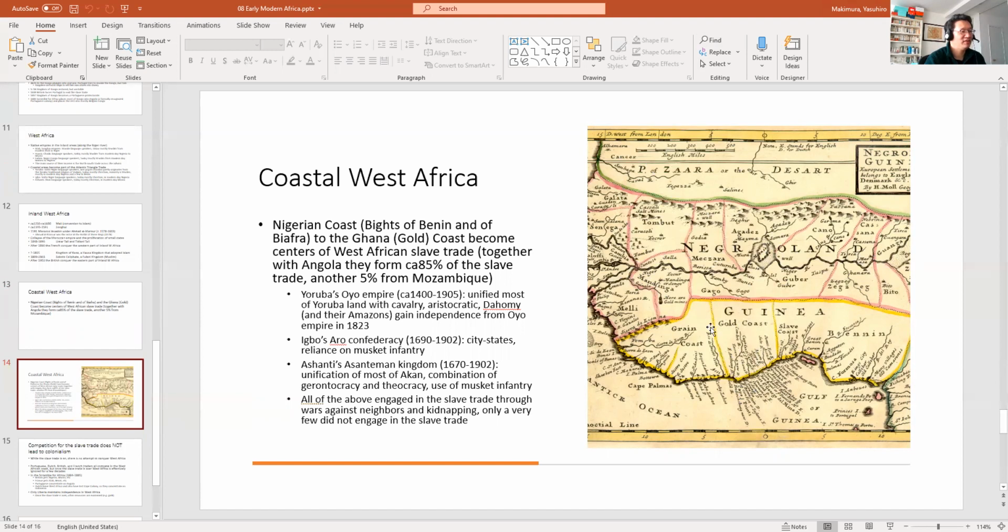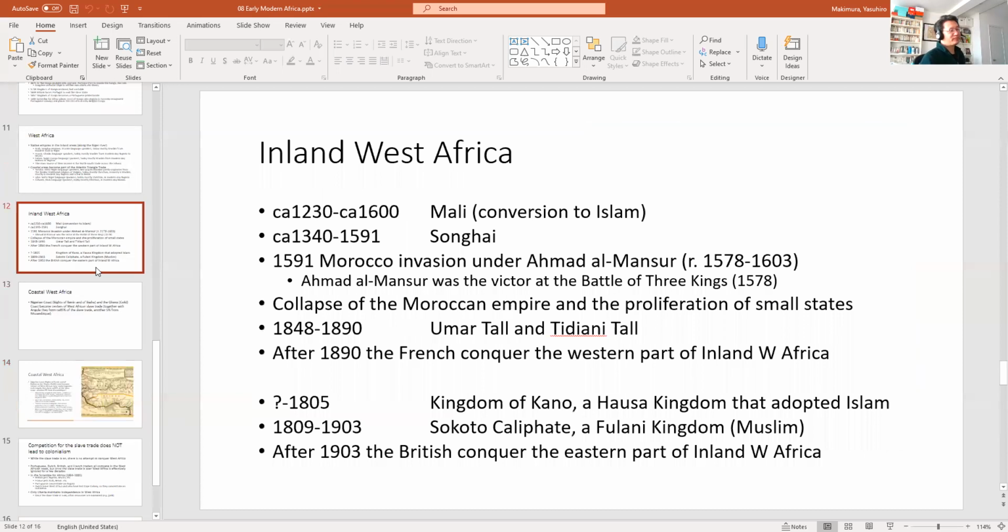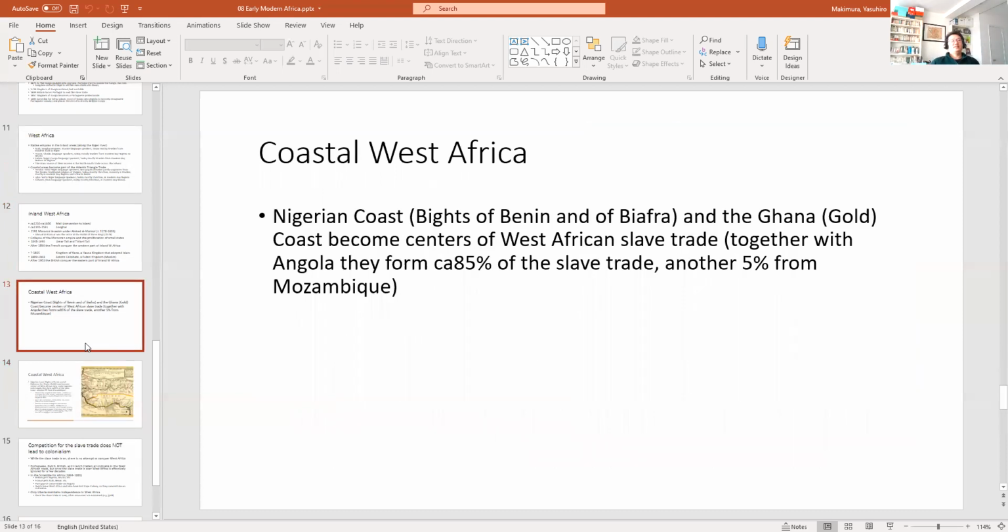So in the south down here, the Hausa and the Fulani are fighting over here, in the eastern part. In 1890, the western part over here is conquered by the French. The eastern part over here is conquered by the British. And there you go. No more unity.